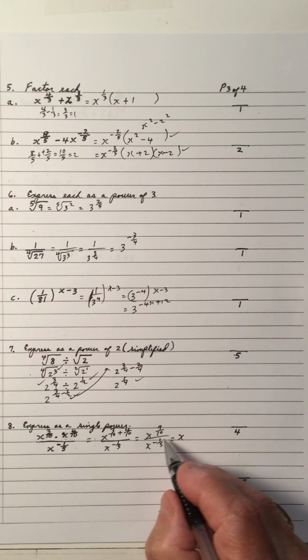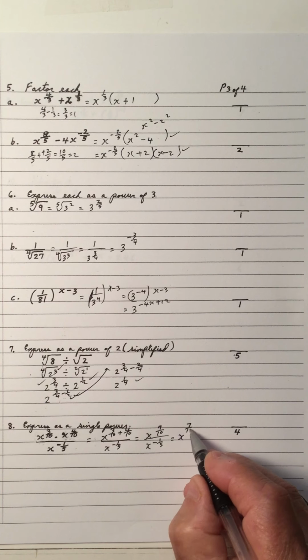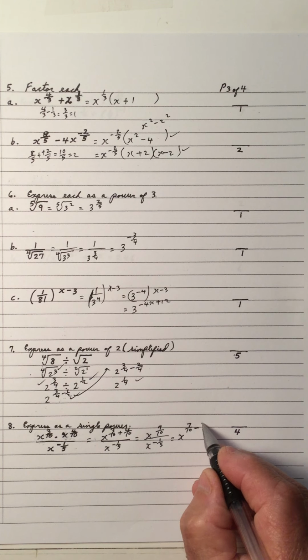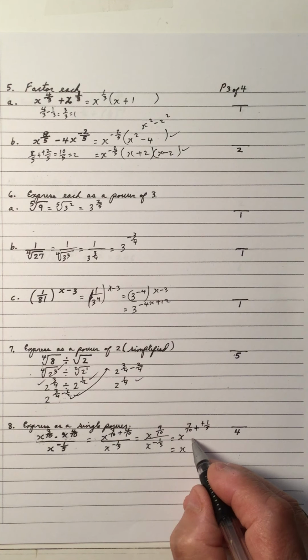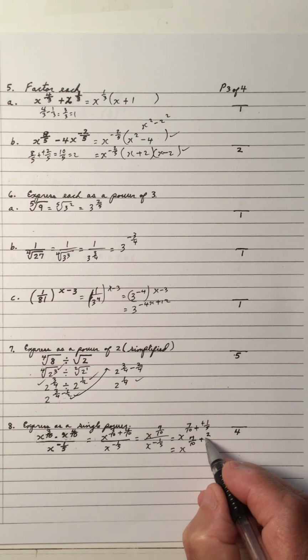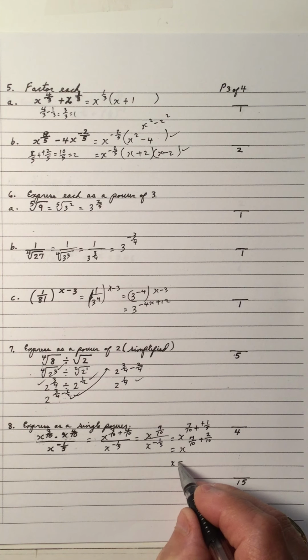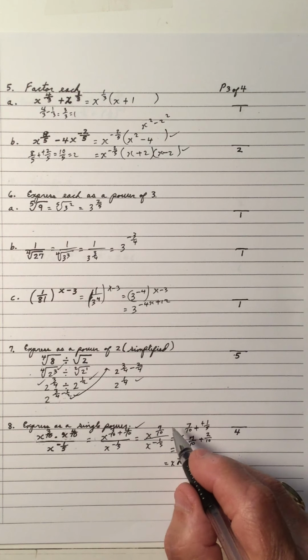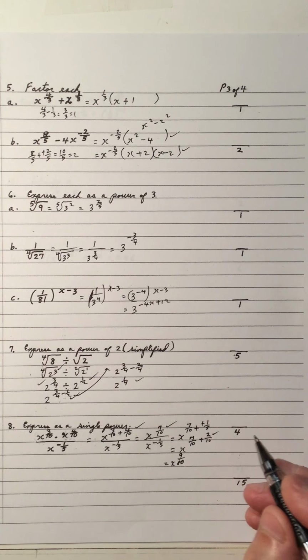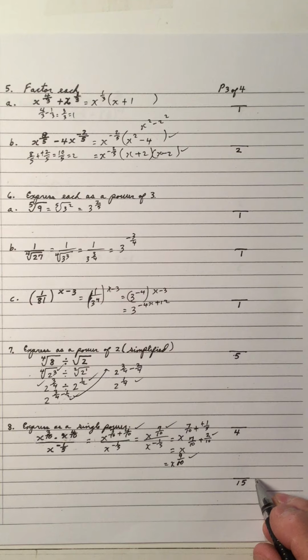That becomes like bases we're dividing, so we subtract 7/10 subtract negative 1/5, and the double negative is positive, so that's 7/10 plus 2/10, so we get x to the 9/10. So we have x to the 9/10, 4 marks. 1 mark for that, 1 mark for that, 1 mark for the addition, and 1 mark for the final answer, 4 altogether. Total up your page out of 15.